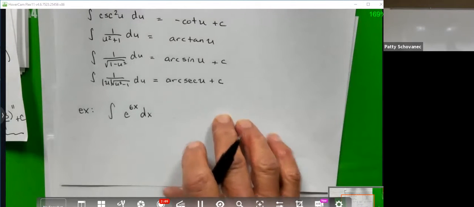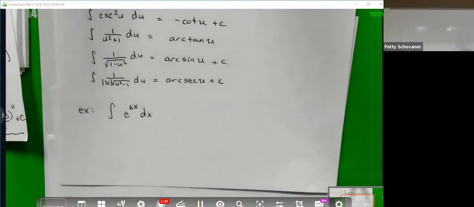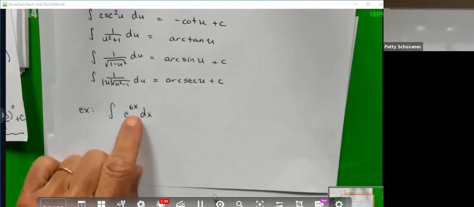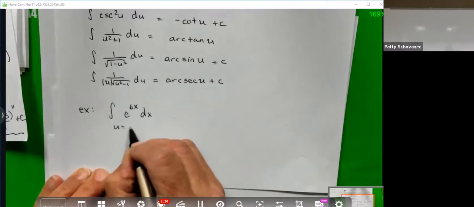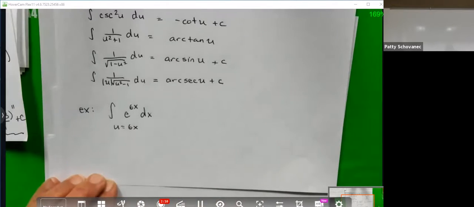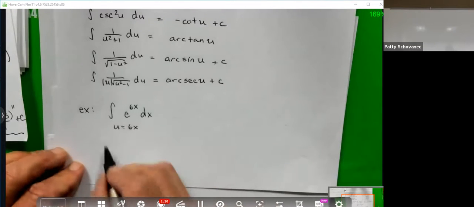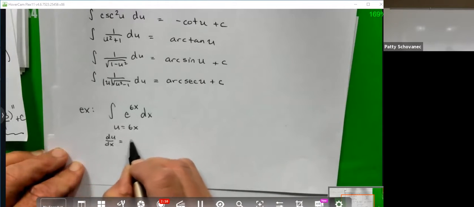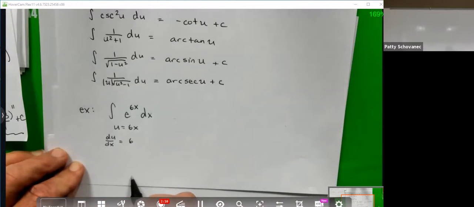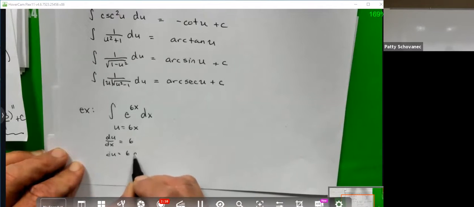Well, let me show you. Let me try to make it look just like the e to the u du integral. I'm going to take u just to be the exponent. Then I take the derivative. The derivative of u with respect to x gives me a 6. So that the derivative of u is 6 times the derivative of x.